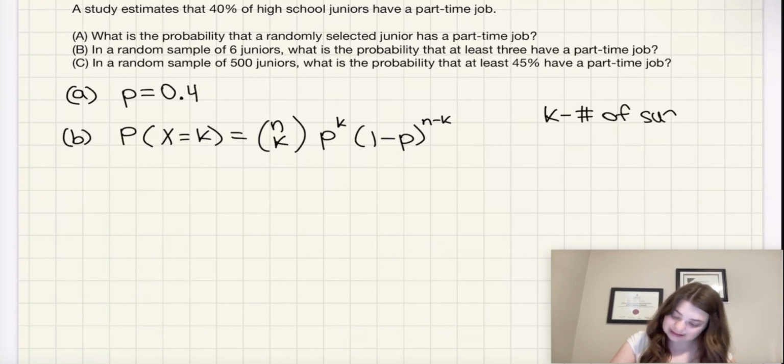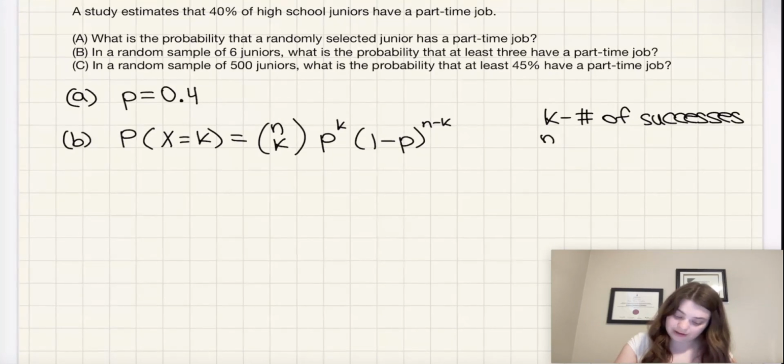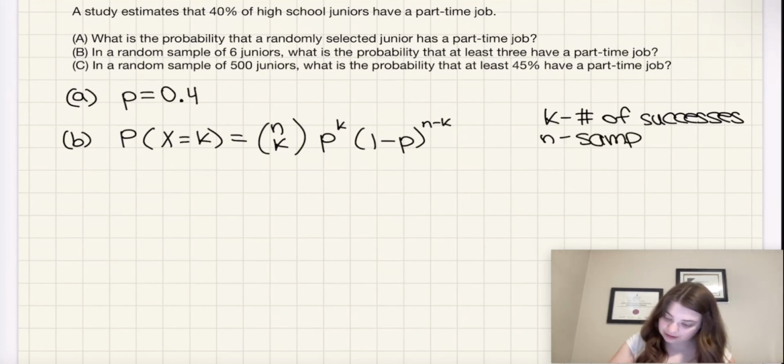N is the total number of trials, or in this context, it would be the sample size. So how many overall students are we sampling, whether they're a success or a failure? In other words, sample size or total number of successes plus failures.